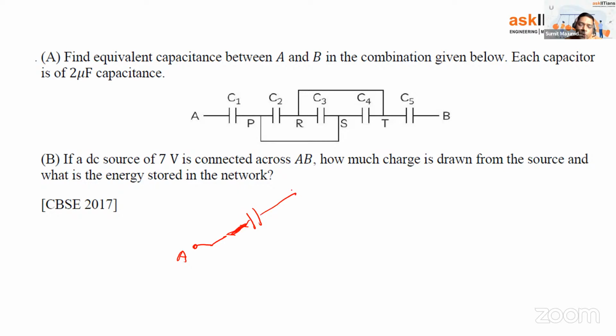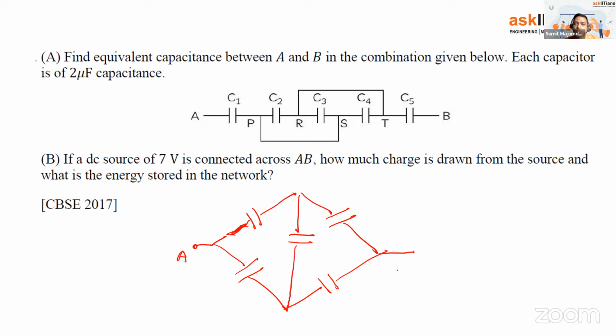So you have one capacitor, another capacitor, another capacitor, another capacitor, right? And if you say that this is what you have, this is your point B. Now from point A, there is one resistance out, one capacitance out here, correct?